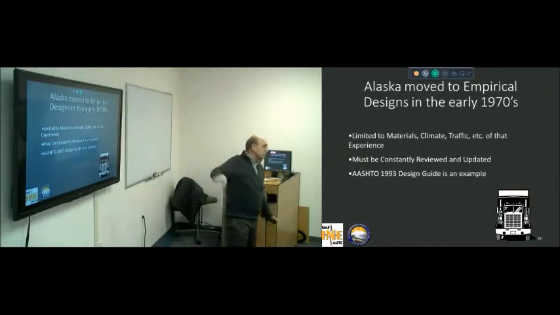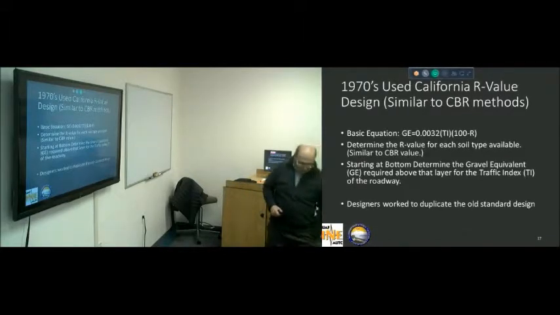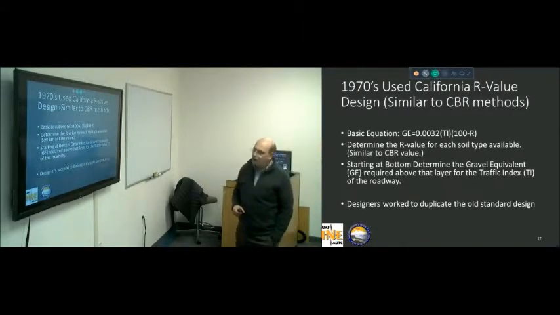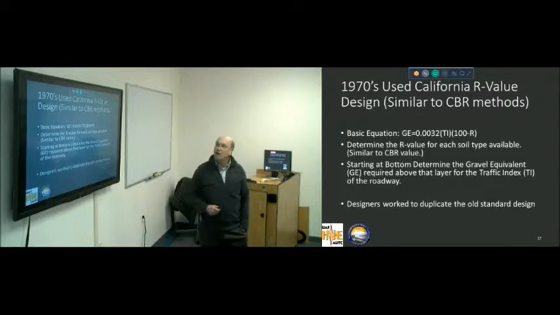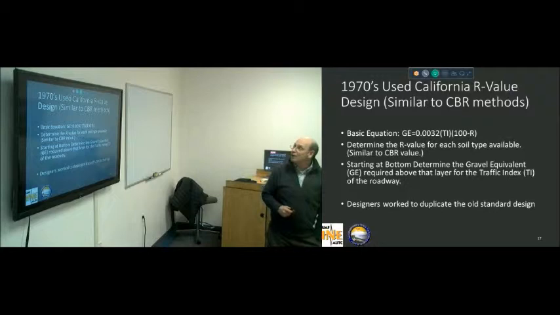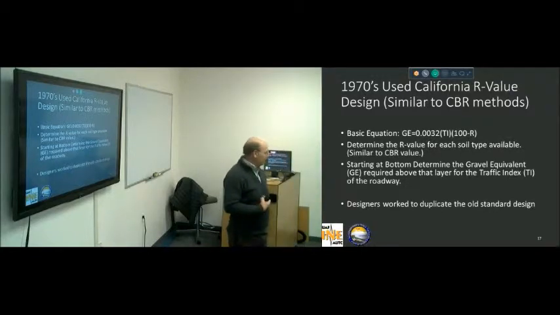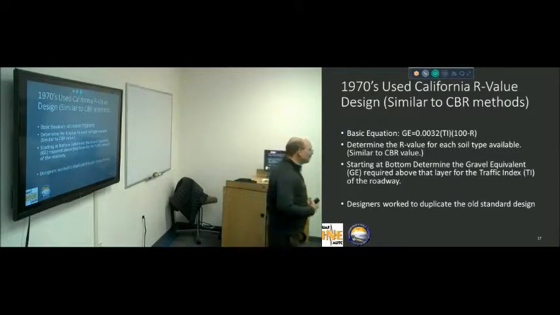It's experience. It's empirical. So our esteemed pavement engineer at the time decided that he was going to use the R value that came out of California. That's where he was from. That's what he had experience with. That was his empirical base. So he brought up something called the R value.